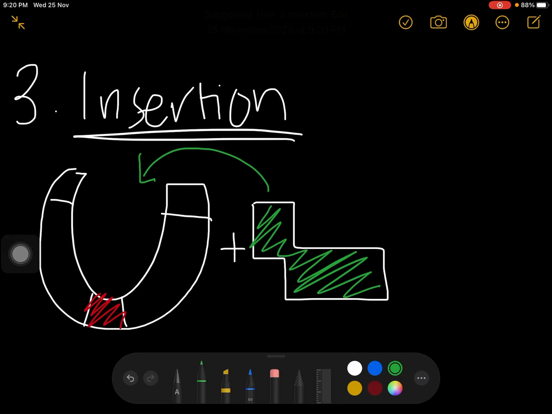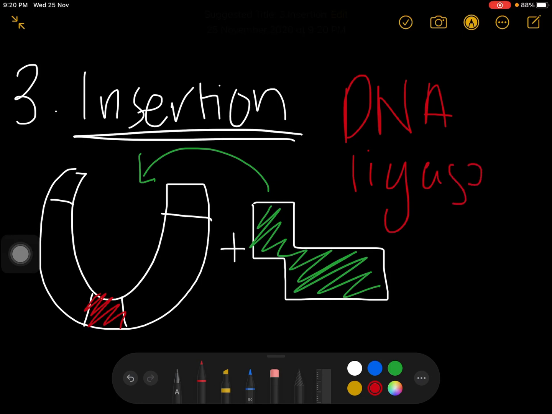So what is DNA ligase? DNA ligase is like a glue that binds two fragments together by forming a phosphodiester bond.